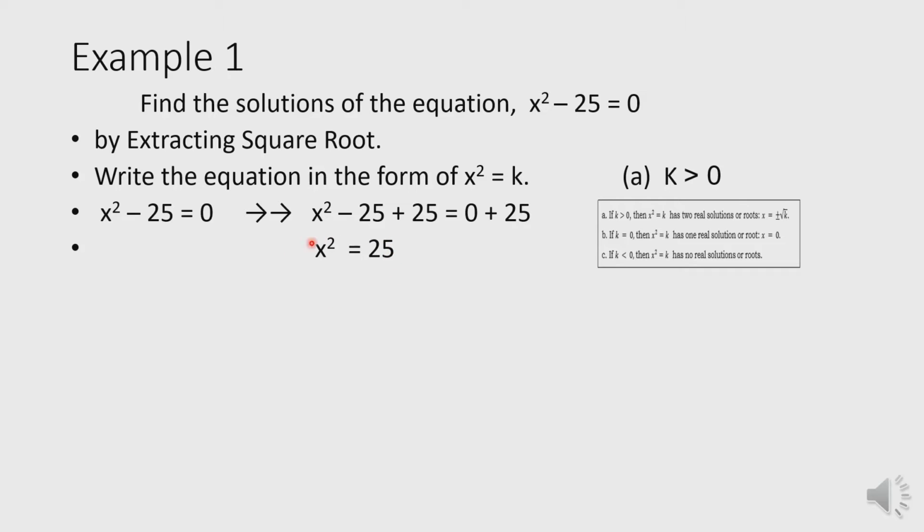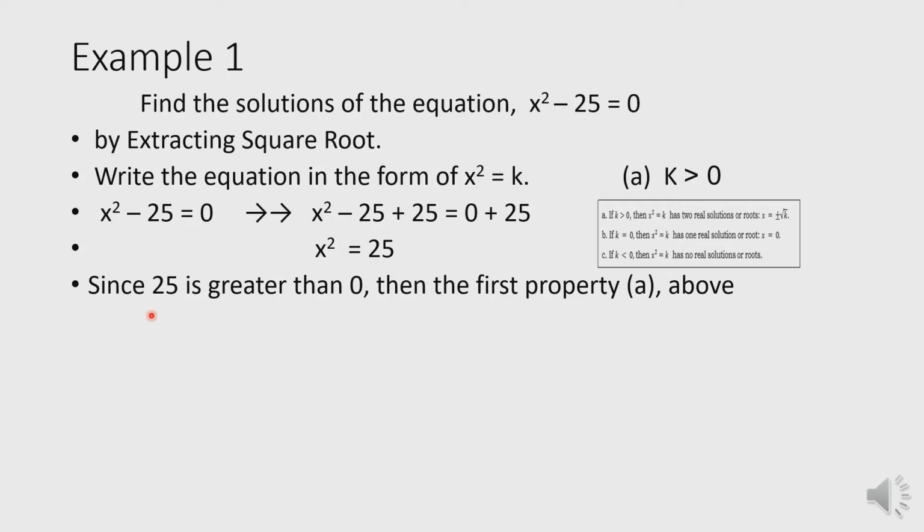If it is greater than 0, we can apply property A, where k is greater than 0, then x squared equals k has two real solutions or roots. That is, x is equal to plus and minus square root of k.